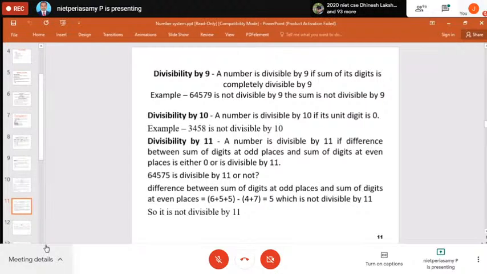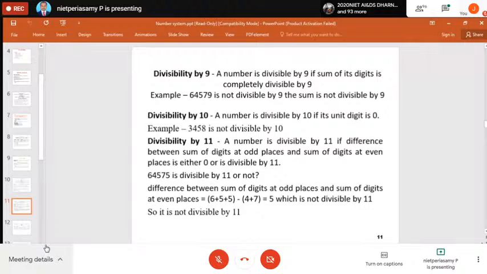And what are the digits which occur in even places? They are 4 and 7. The digits at odd places are 6, 5, 5. The digits at even places are 4 and 7.